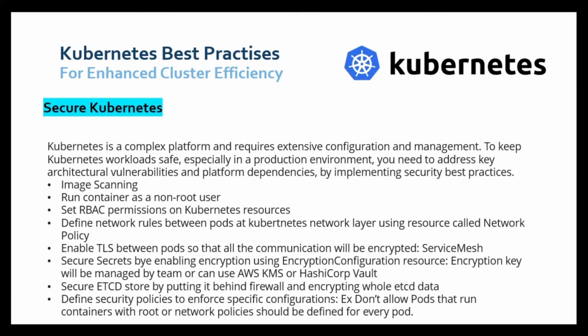And if that etcd is breached, definitely the hacker will be able to get all the deployment data and application data from your Kubernetes cluster. So we can put etcd behind a firewall, so that nobody from the outside internet is able to access the etcd data. Or we can encrypt the whole data again through some encryption key.